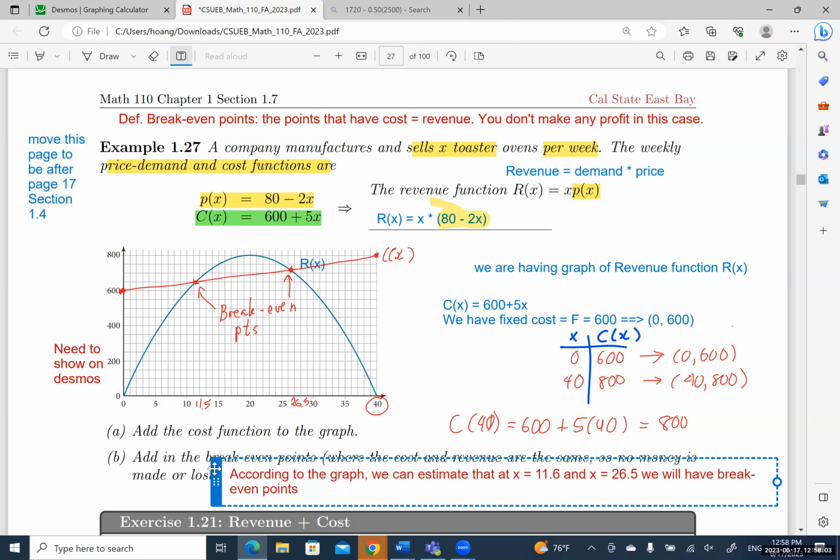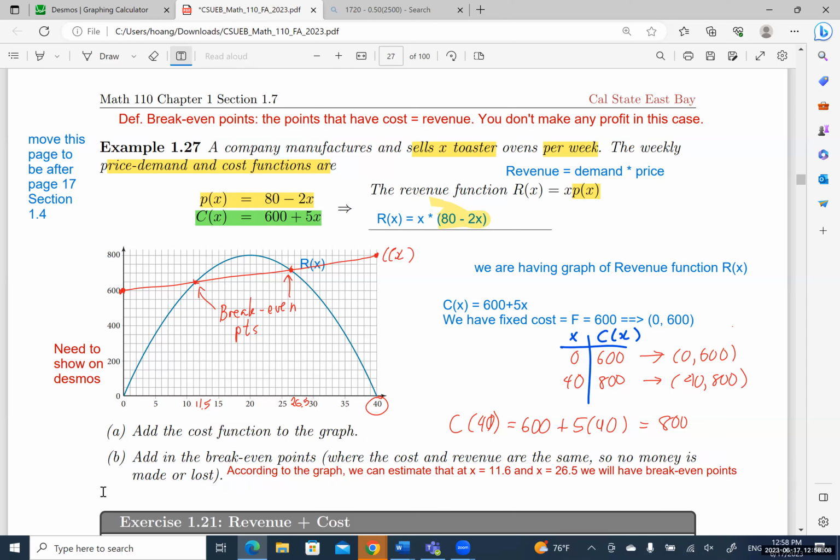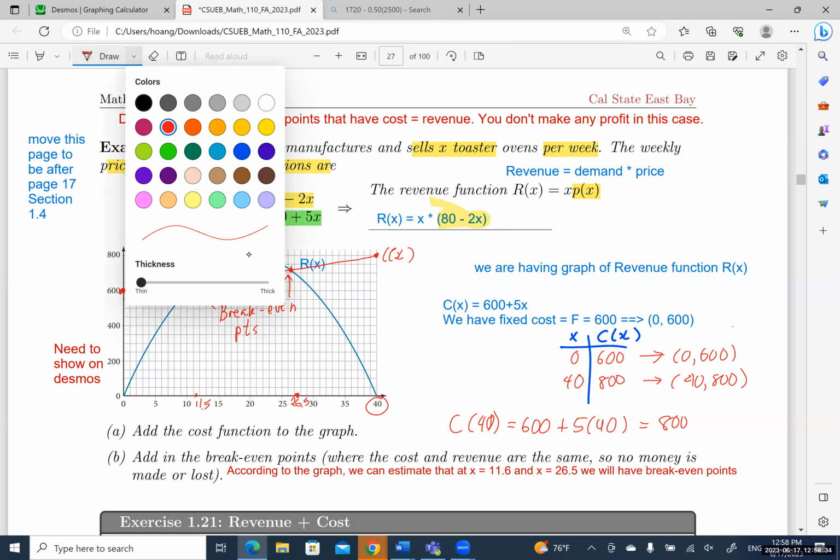Let me make this smaller. Okay, better. As you see right now, there is an area over here between the two break-even points. I will use the green one here.